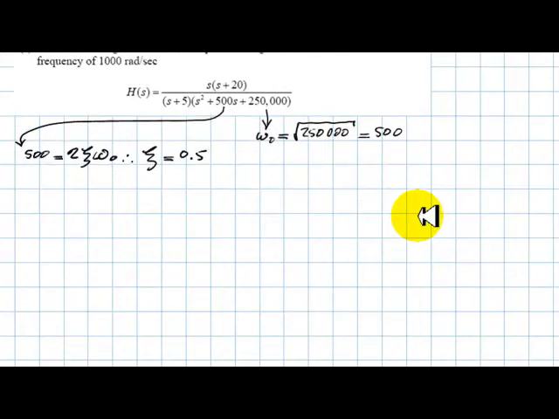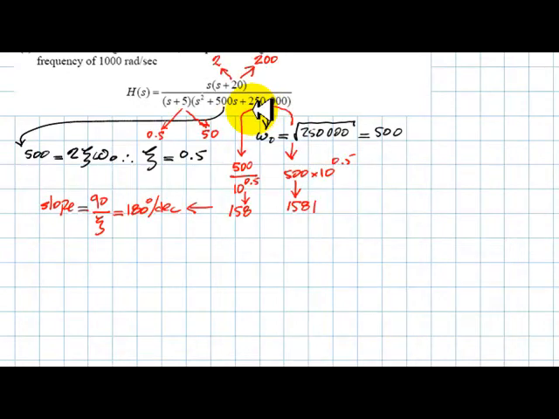For the phase diagram, the first thing I do, because we found omega naught 500 radians per second for this pair of complex conjugate poles, is to find zeta, 0.5 in this case. These are the 6 knee points. For 5, one at 0.5, another at 50. For this zero at 20, one at 2, another at 200.